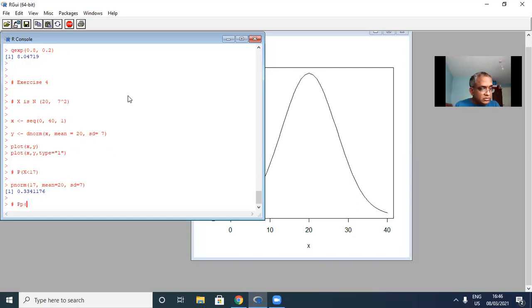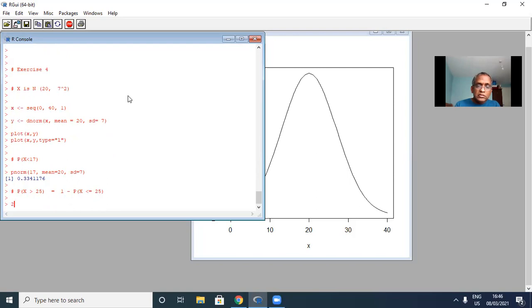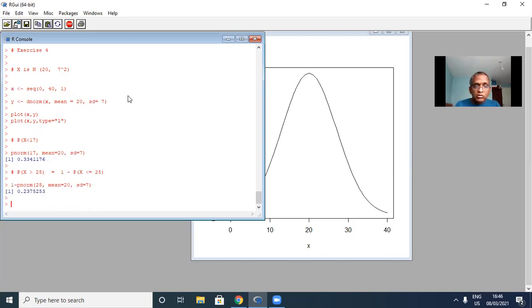The next is to find the probability that x is greater than 25. This you can write as 1 minus the probability that x is less than or equal to 25. So this is 1 minus pnorm 25 mean equal to 20 and standard deviation equal to 7. Next, we want to find the probability that x is between 13 and 27.